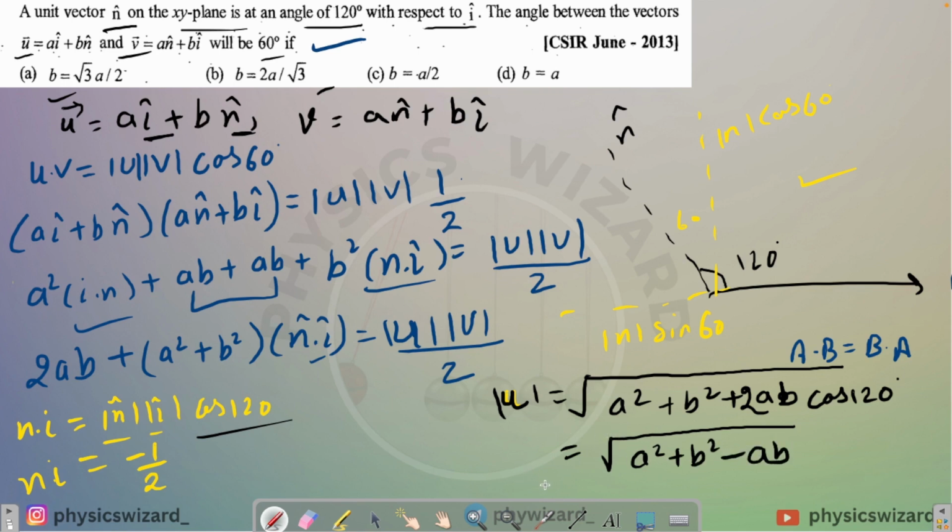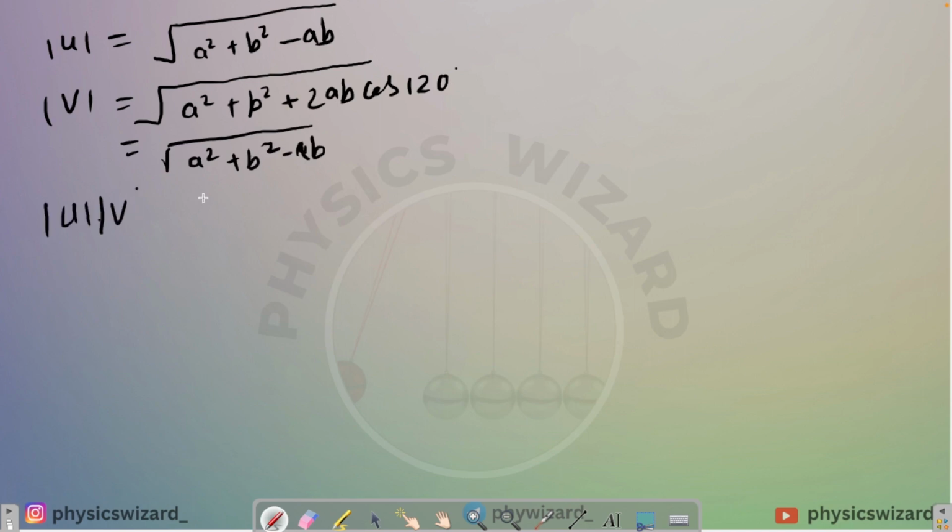If we find v, magnitude of u is under root a square plus b square minus ab, and if we find the magnitude of v, it will also be a square plus b square plus 2ab cos, angle between n and i, that is 120. So this is also the same, a square plus b square minus ab. When we multiply both these, we get a square plus b square minus ab.